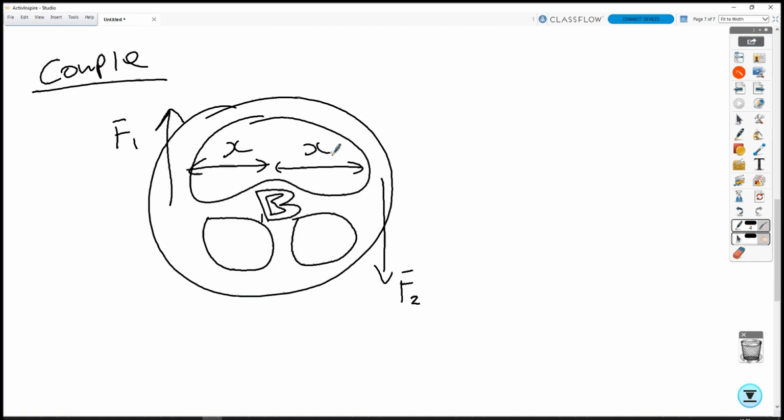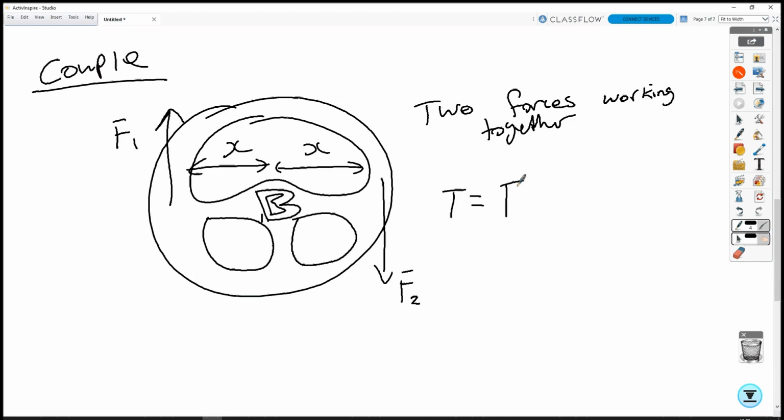Now, in this case, the distance just happens to be the radius of the wheel, because it's a wheel. So two forces working together. So T is equal to F1x plus F2x. And that's the end of 4.1.2.